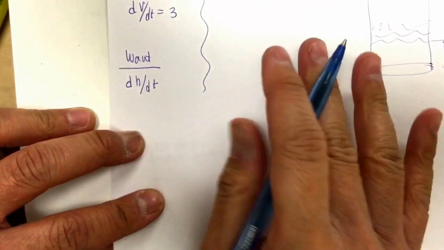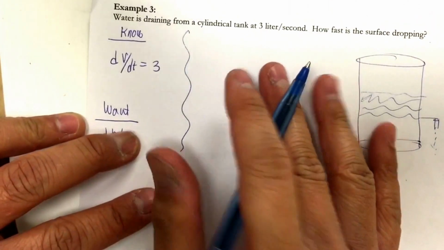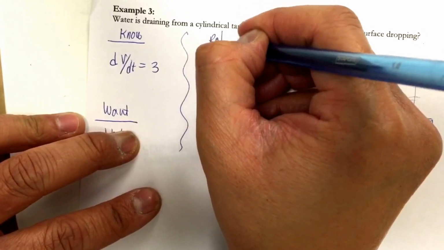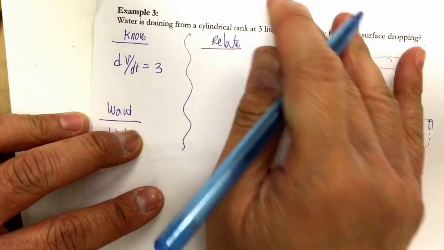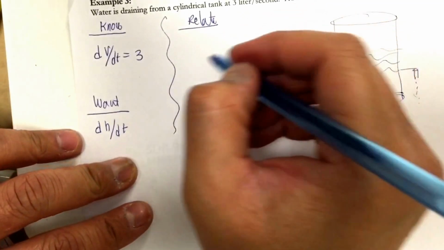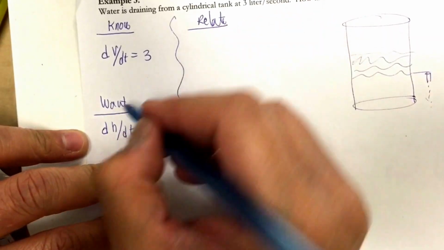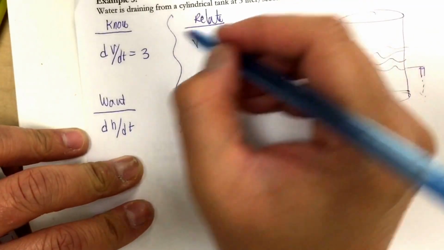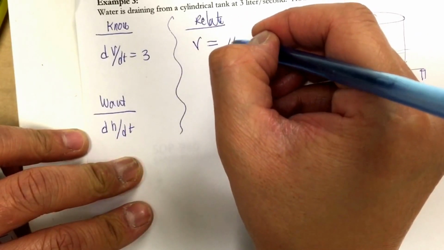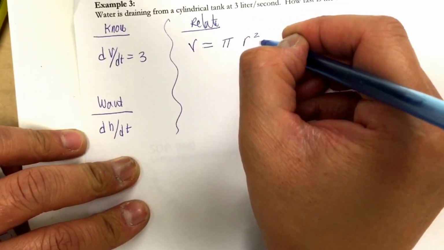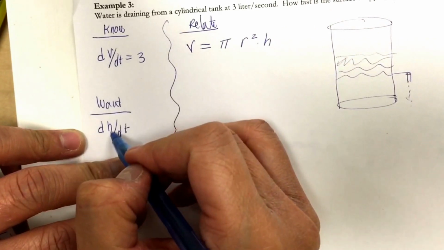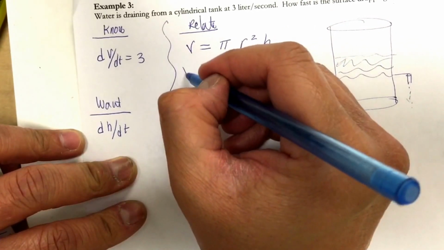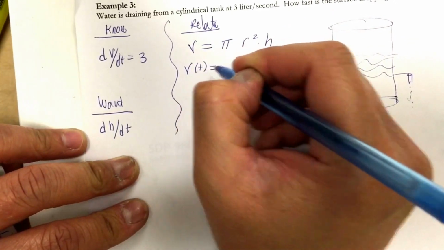How are they related? Volume is equal to pi r squared times h. That's how volume and height are related. Okay, remember, volume is going to change as a function of time.